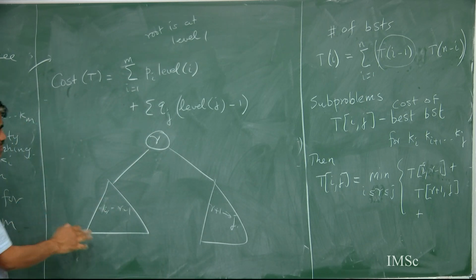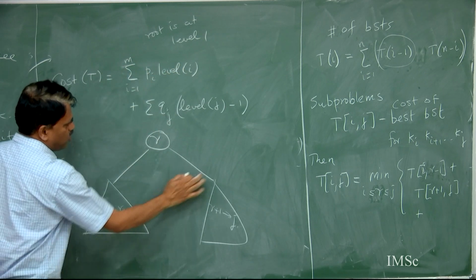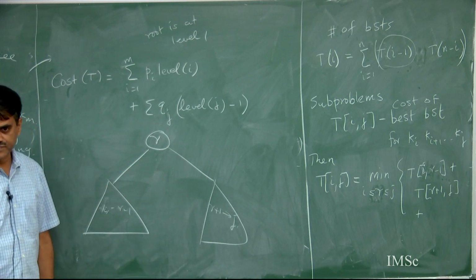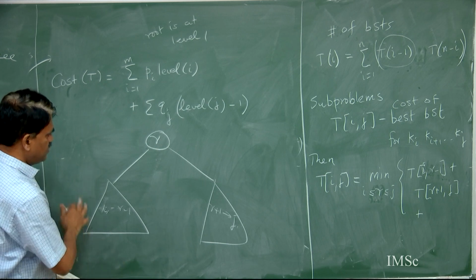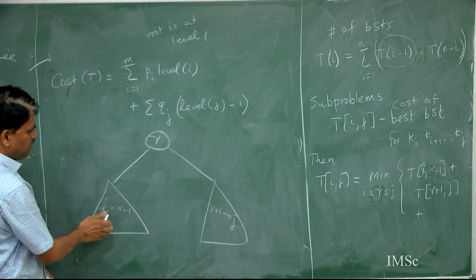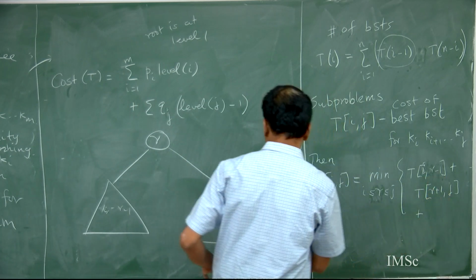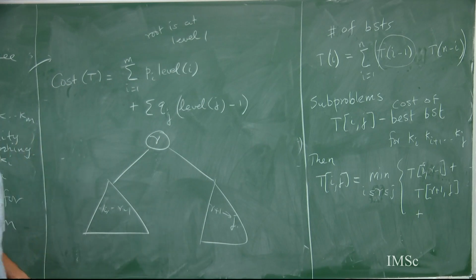So, there is a cost which is this kind of a measure. For this tree, there is a cost for this kind of a thing. What more should I add for the cost of the tree? So, this is the optimum cost for I to R minus 1. This is the optimum cost for R plus 1 to J. What more should I add? For the root, how much?